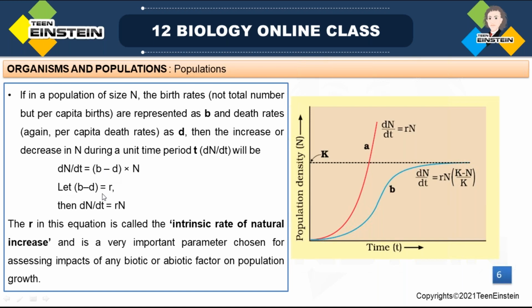Here, what is B? B is the per capita birth rate. D is the per capita death rate.